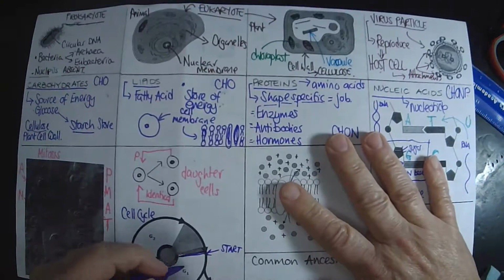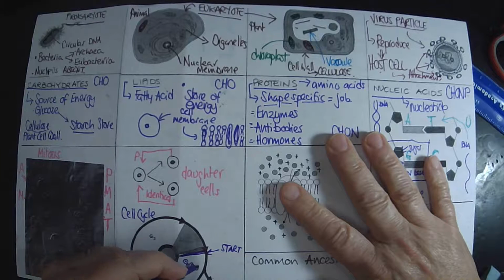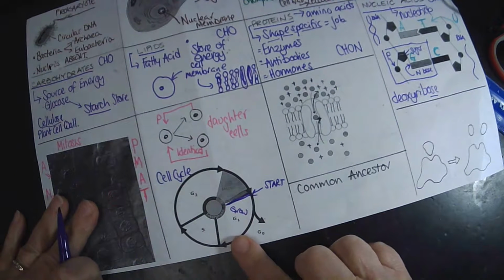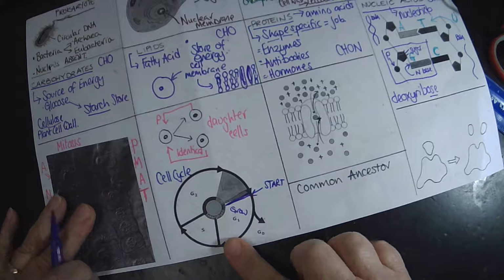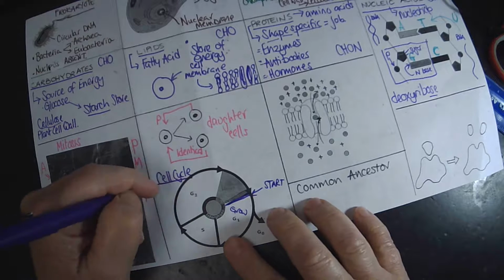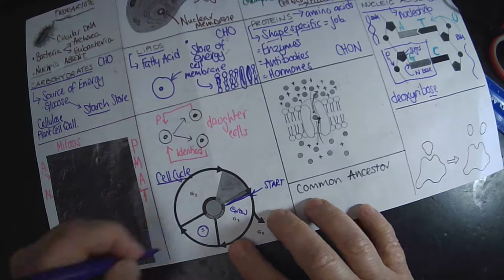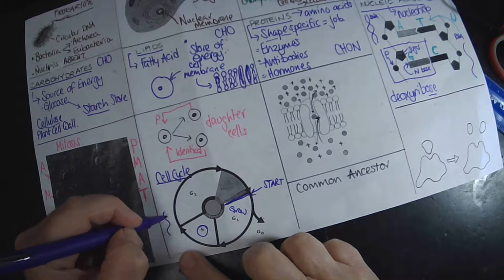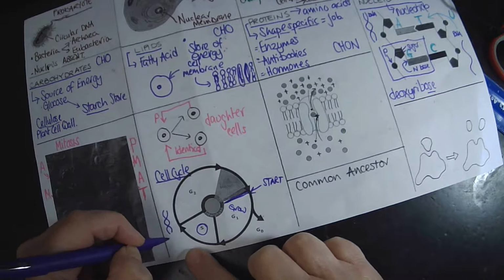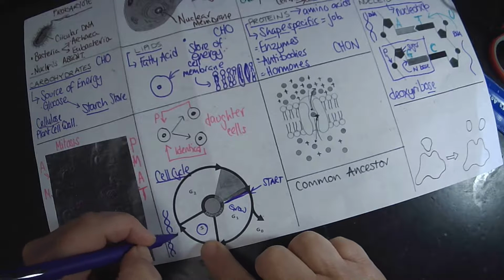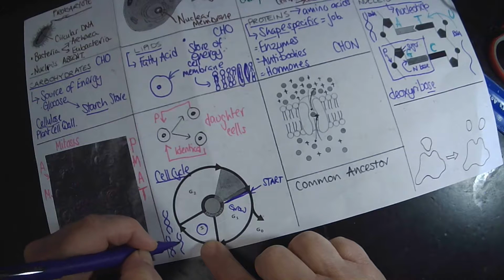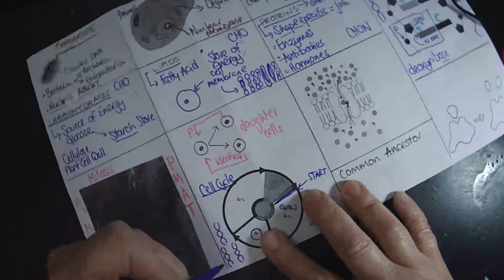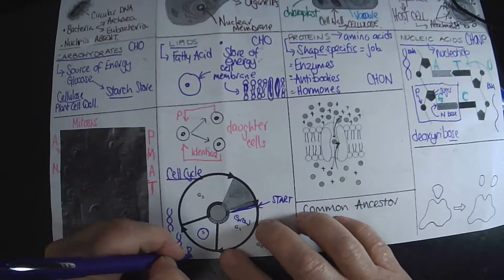G1 is gap 1, where the cell grows. Now, the number one most favorite thing to talk about when we talk about the cell cycle is what happens in the S phase. In the S phase, we start with one strand of DNA in the cell, and it makes two copies of itself. That's called DNA replication.